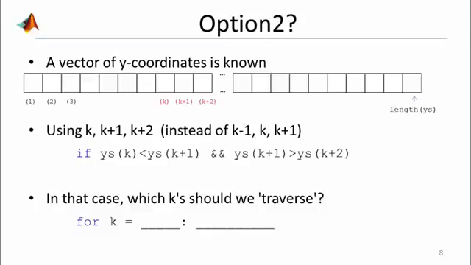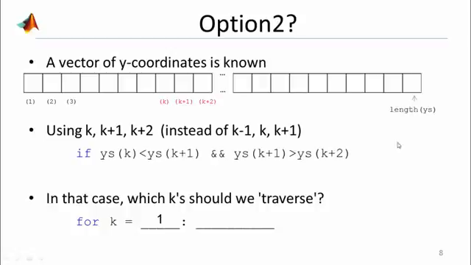As far as the first point you can look at, k equals 1 is okay. Because if k is equal to 1, k plus 1 is equal to 2, k plus 2 is equal to 3. All these exist, MATLAB will not crash. But you can see we have an issue at the very end on the right.